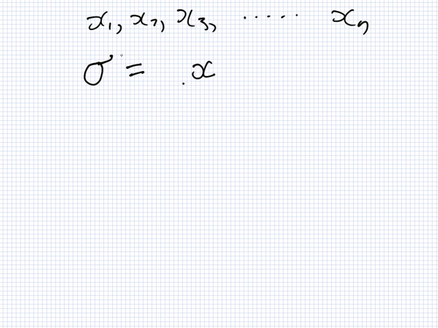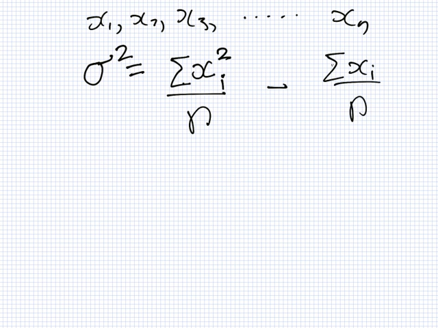Standard deviation squared is the sum of the data squared, each number squared, added up and divided by n, minus the sum of the data added up, divided by n, and squared. This is the formula that gives you the standard deviation.